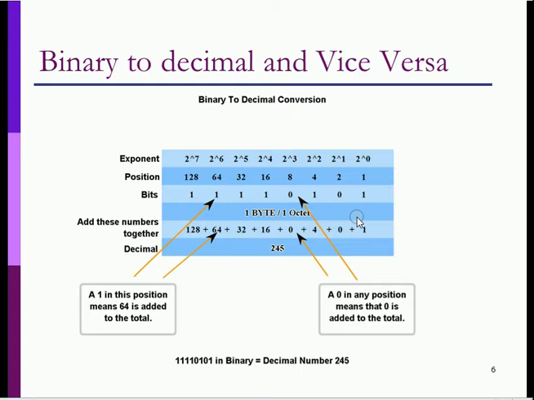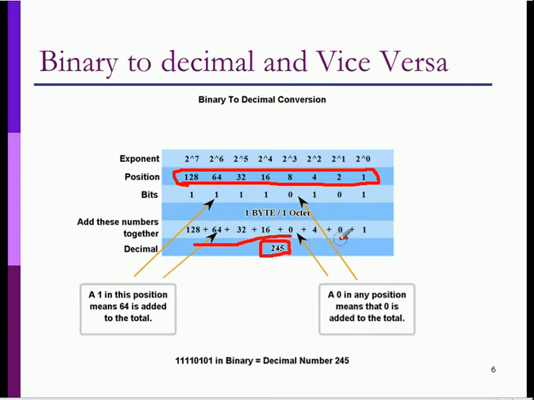2 to the power 0, 2 to the power 1, 2 to the power 2, 3, 4, 5, 6. So you will use this. This is a very efficient way to get the binary. You have this table, and you can convert any address to binary very quickly. So if you want to get 245, you would add 128, 64, 32, 16, and don't add 8.